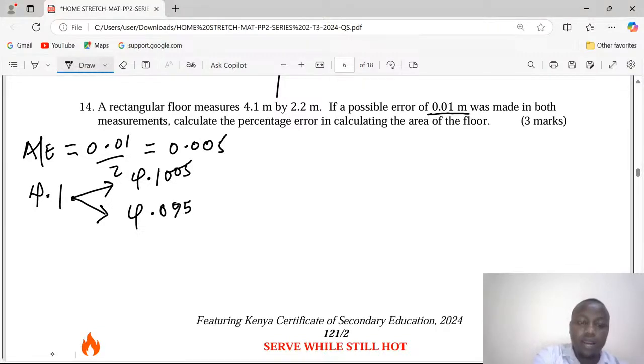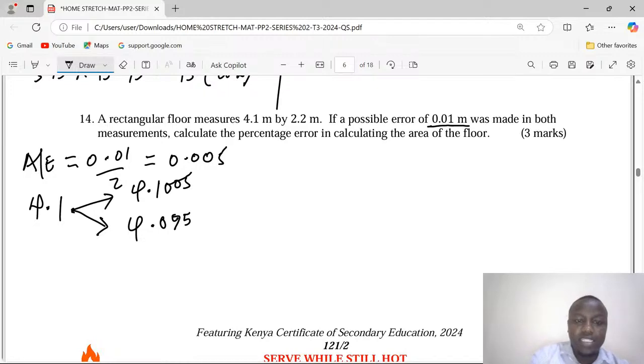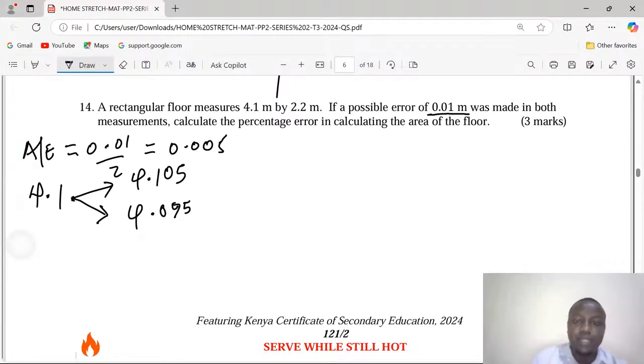Remember it is 3 decimal places. Those are the limits.